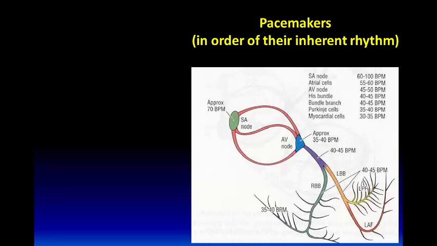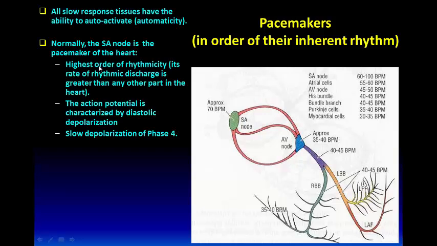So we mentioned in the autorhythmicity that the sinoatrial nodal cells are the normal pacemaker of the heart. It functions as the boss of the heart, the pacemaker of the heart. This is because the sinoatrial node has the highest order of rhythmicity.